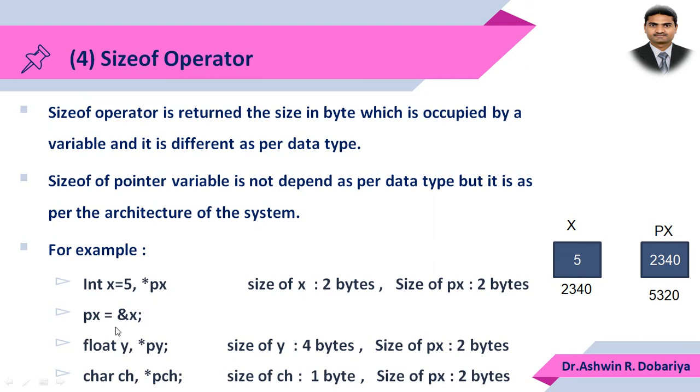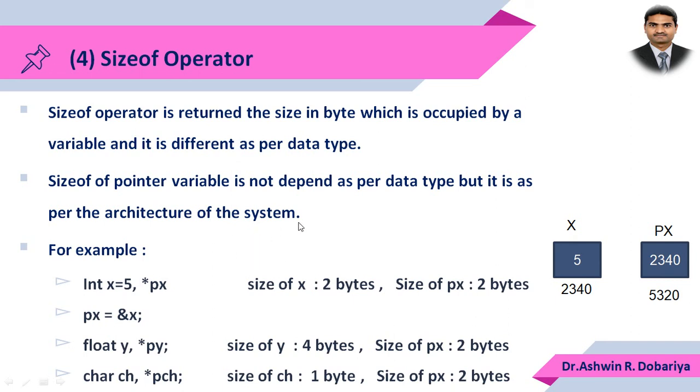Now if we talk about float, y is a float variable and py is a pointer variable of float type. The sizeof operator returns that y occupies 4 bytes but py occupies only 2 bytes. As I told you, the size of a pointer variable always depends on the architecture of the machine. If the architecture is 16 bits, then 2 bytes.